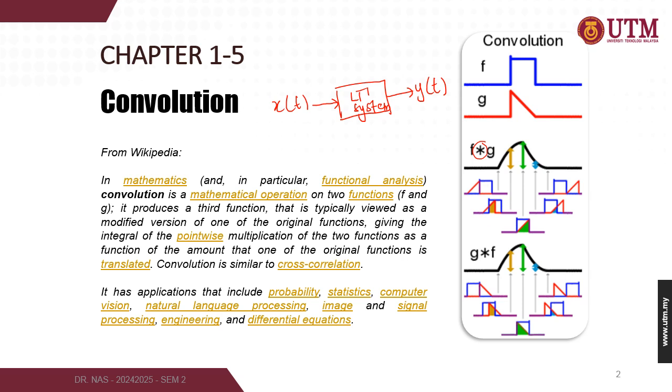The LTI system has an internal signal, for example h(t). So to get y(t), the input signal is convolved with the internal signal h(t). We can see a variety of applications using convolution, for example signal processing, computer vision, differential equations, and so on.